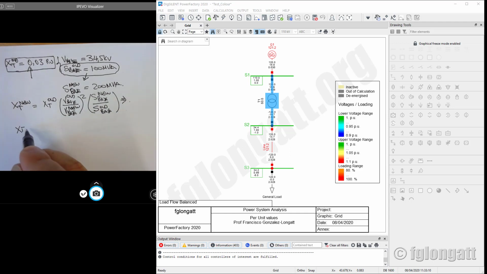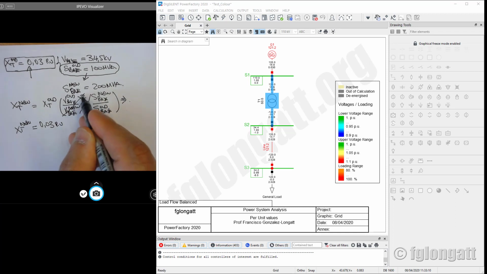There are no voltage changes in this case, but we are moving from 100 MVA to 200 MVA.